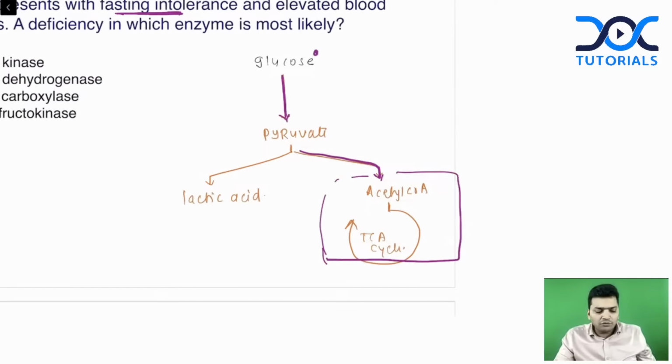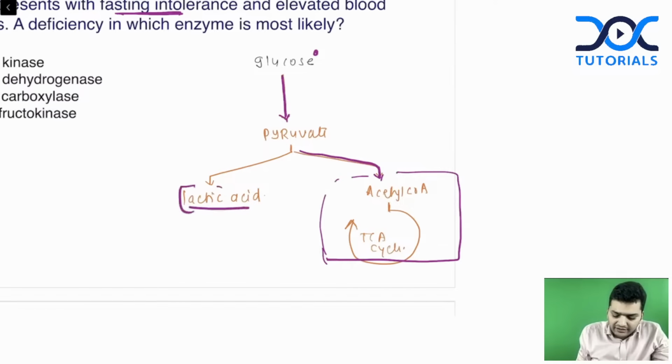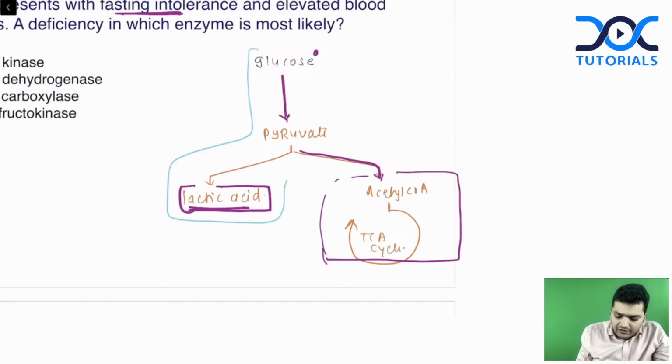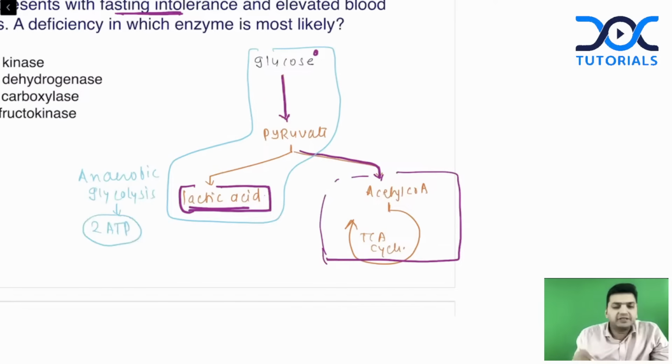But if we go on the anaerobic side, we are going to generate the lactic acid. This process is referred to as the anaerobic glycolysis. And anaerobic glycolysis will only give us 2 ATPs. The net energy gain is 2.